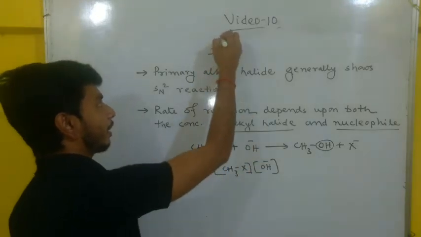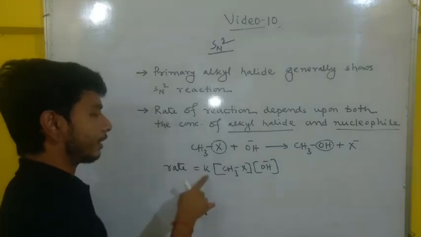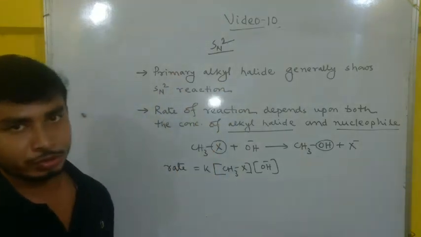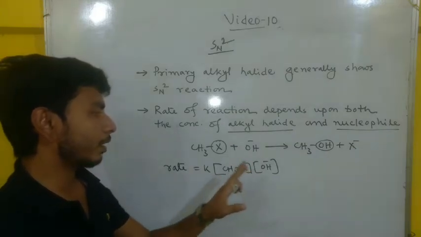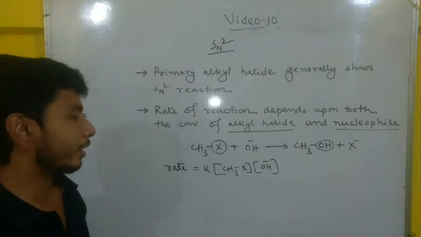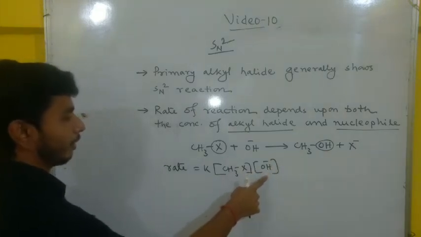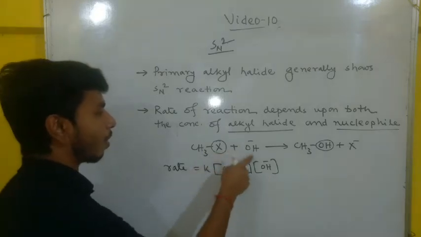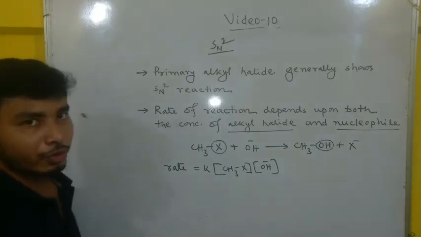That's why here it is 2. Here K is a constant. If we change the concentration of any one of the reactant species, the rate of the reaction will change.